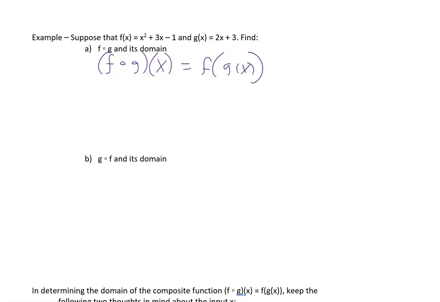In our previous example, we first had to evaluate what is g of 1, what's g of 2, and then we plugged that into f. But in this case, notice that we already know what g of x is, right? G of x, we're already told, is 2x plus 3. So what we want to do is to use an input of 2x plus 3 for our function f.